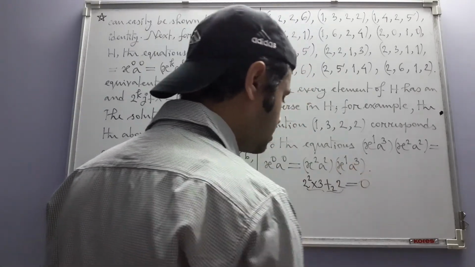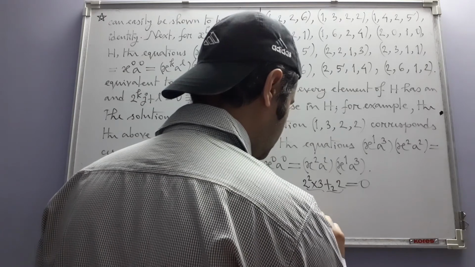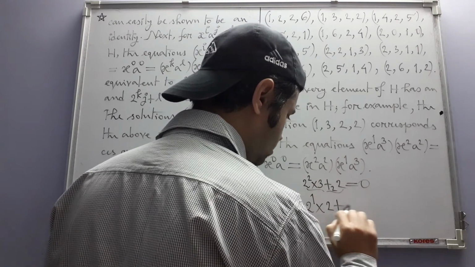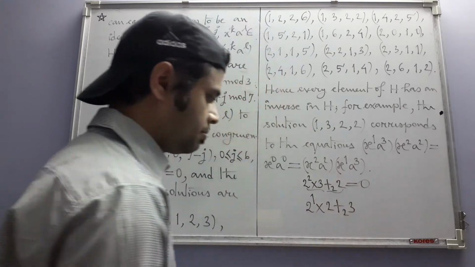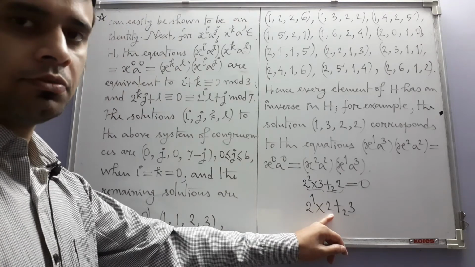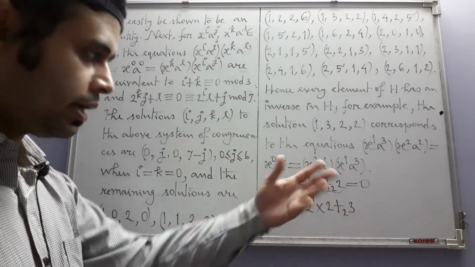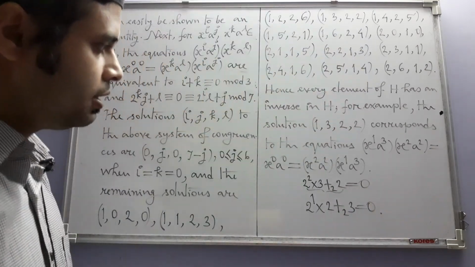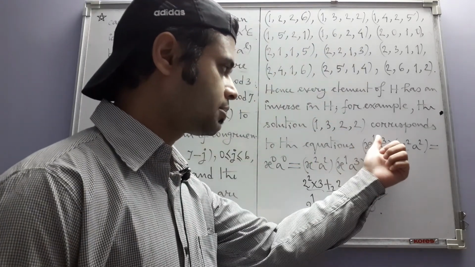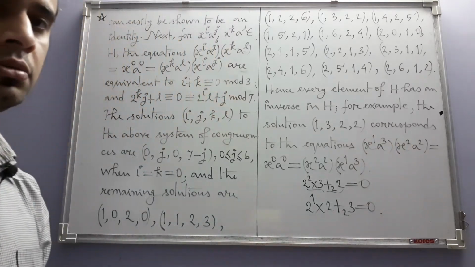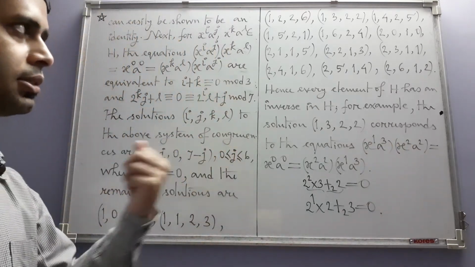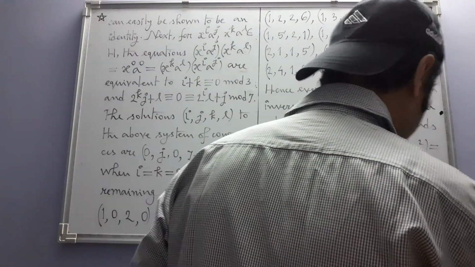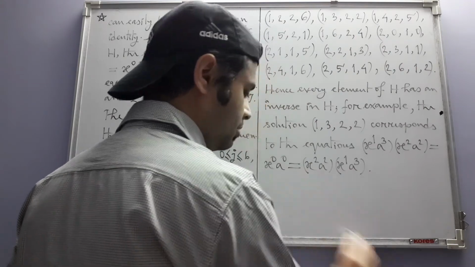What do we get from this calculation? 2 to the power 1 times 2 plus 3. 2 times 2 is 4. 4 plus 3 is 7. Again we get 0 remainder. So you see that the inverse of x1 a3 is x2 a2. So like that, all the other inverses are available here for every symbol. So that's why all the elements of H have inverses.